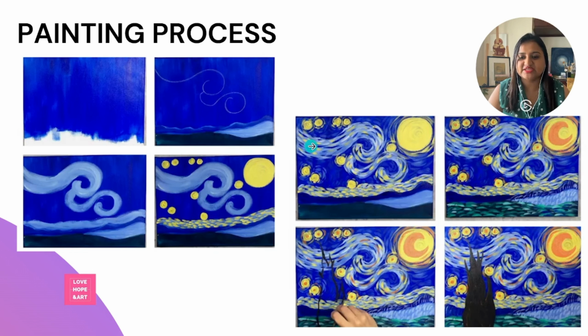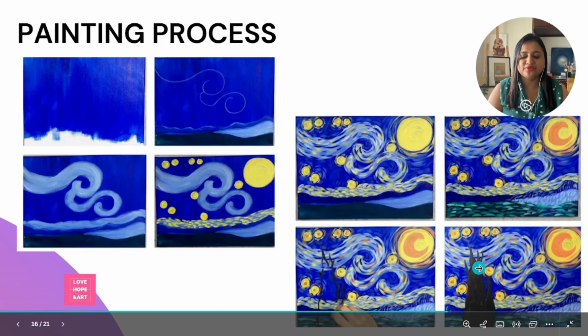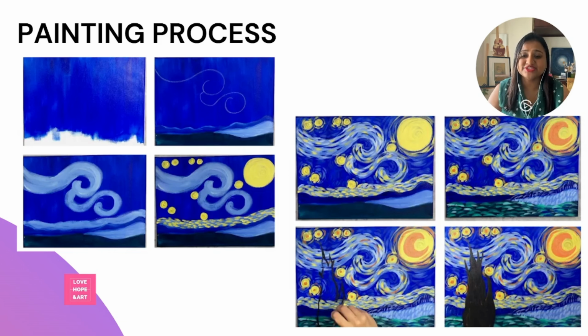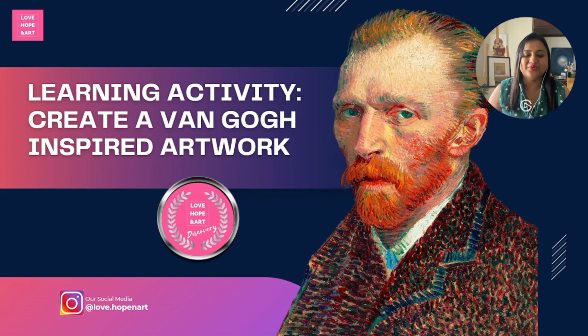Then you can start adding the short signature brushstrokes of Van Gogh with lighter shades and build in more highlights. Finally, you can build up the foreground with the darker shades and create a shadow effect. So this is just a quick overview, but for more details, please do refer to the resource section where you have video guides too.